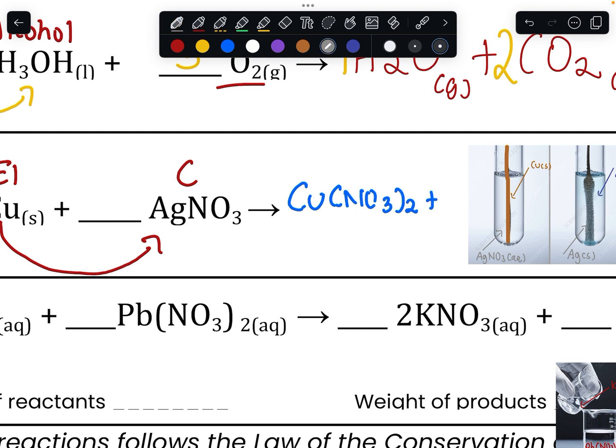And it's going to make, really importantly, solid silver. That's why I put an S there. If we're being really good, I would have put an aqueous by that copper nitrate. And then we've got to balance out the reaction. A 2 has to go in front of the silver nitrate because we have 2 nitrates here, and then a 2 goes in front of that solid silver.